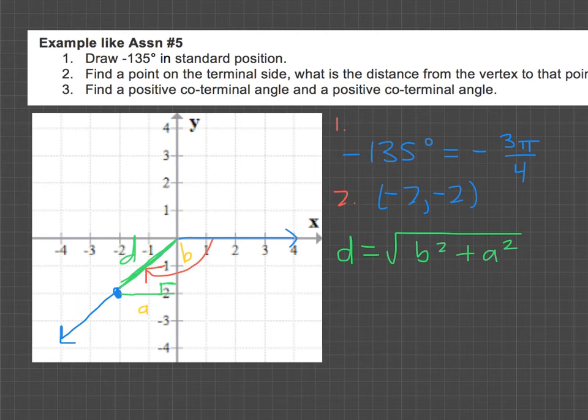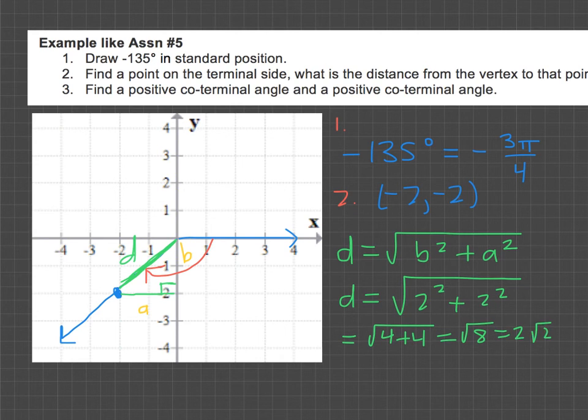So the distance is going to be the square root of B. Well, B has a length of 2, so we get 2 squared, and A also has a length of 2, so we get 2 squared. So we're going to get a distance of square root of 4 plus 4, or the square root of 8, which simplifies to 2 square root of 2.